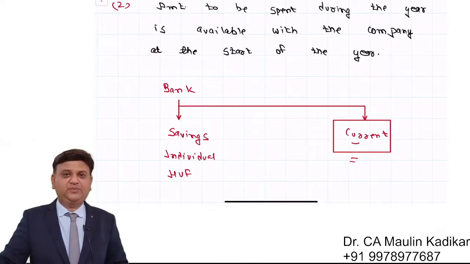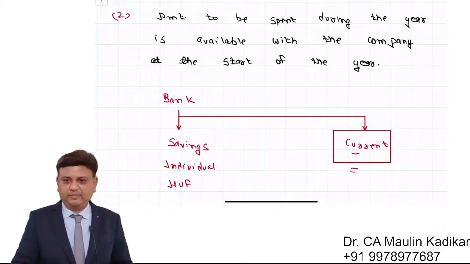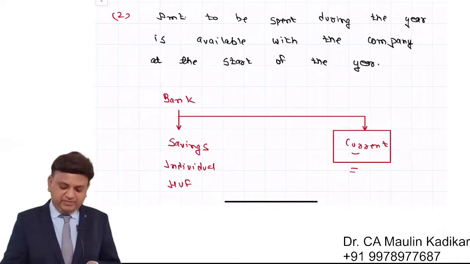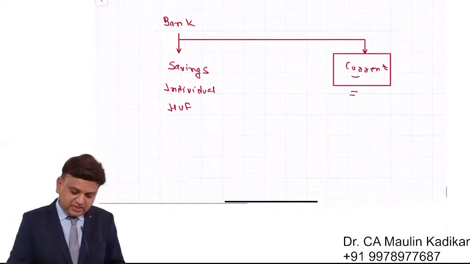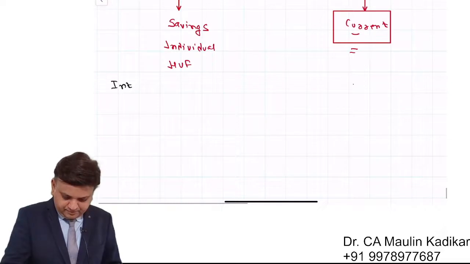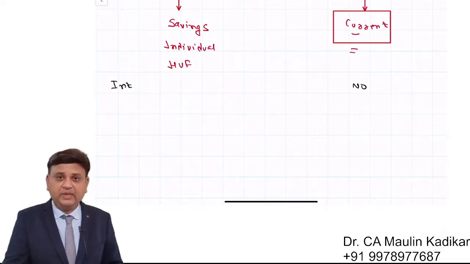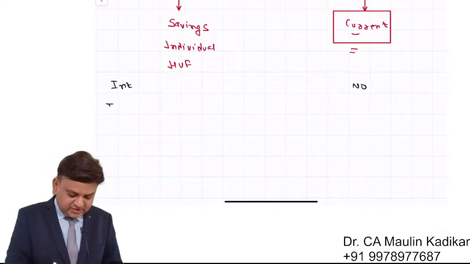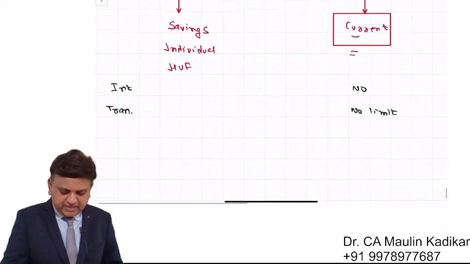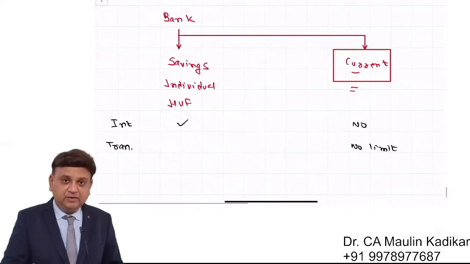Please write the answer in the chat box. The answer is no. The reason behind that is very simple: as far as the current account is concerned, it is offering no interest. As far as the transactions are concerned, there is no limit. In case of a savings account, interest is given.